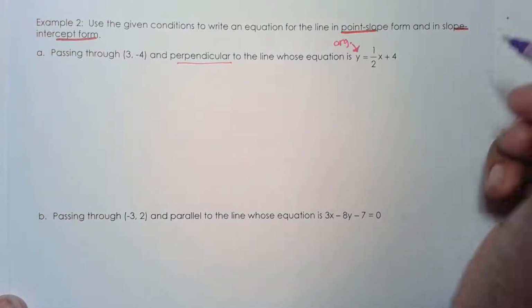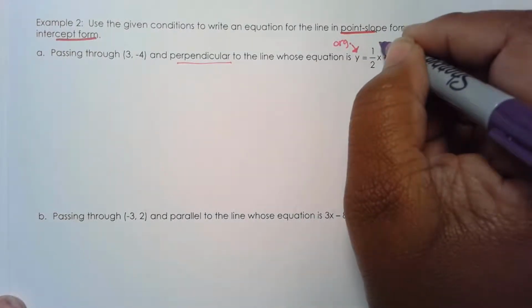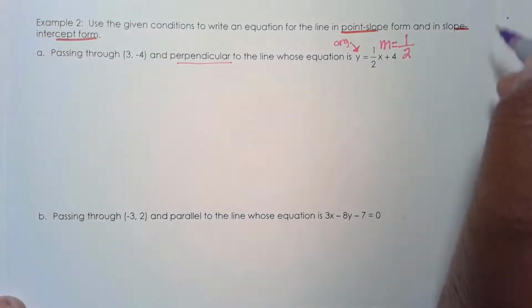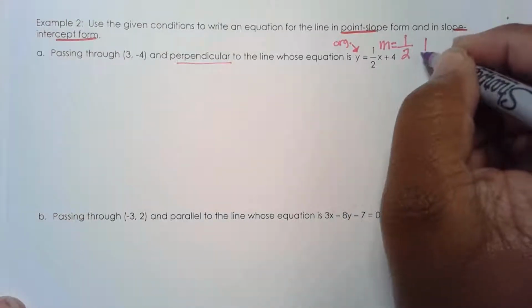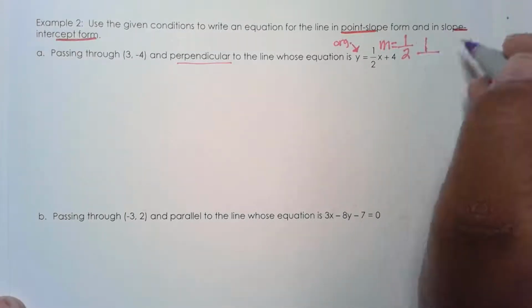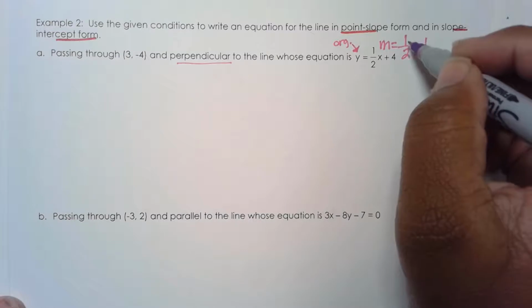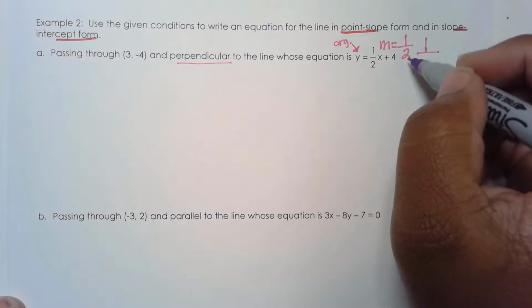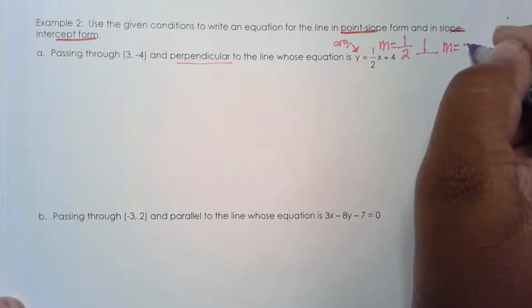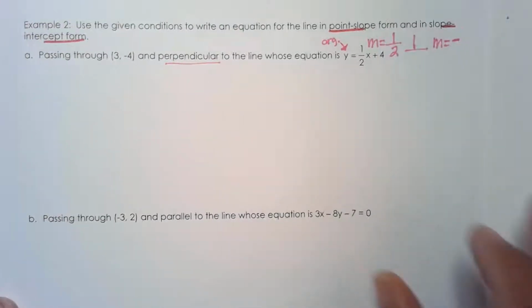So in the original equation, the slope is 1/2. Well, for our new equation, what will be the perpendicular slope? To find the perpendicular slope, we want to negate the original slope, 1/2, so it's going to be negative. Then take its reciprocal.